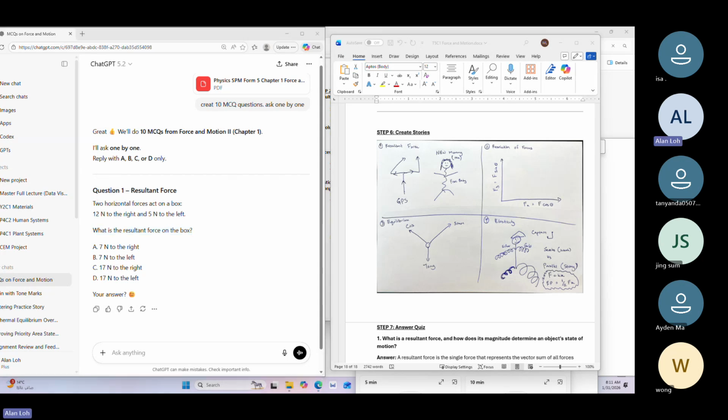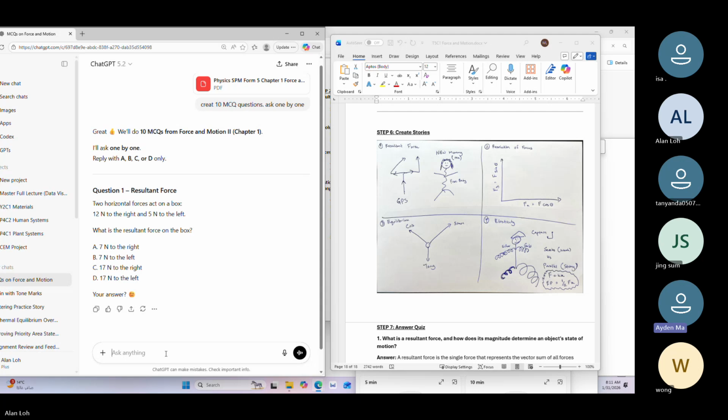Can we start with Aiden? Aiden, which drawer? 1, 2, 3, or 4? And what is the answer? A, B, C, or D? The drawer is number 1. 12 newtons to the right and 5 newtons to the left. What is the resultant force on the box? It is 7 newtons to the right.